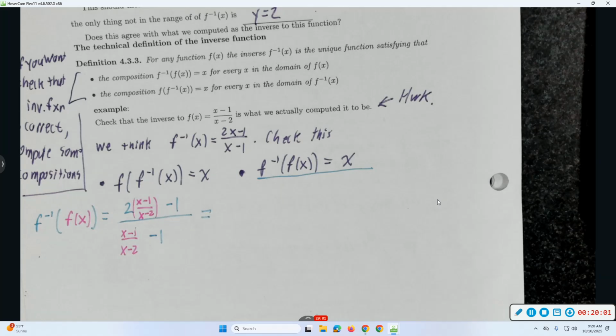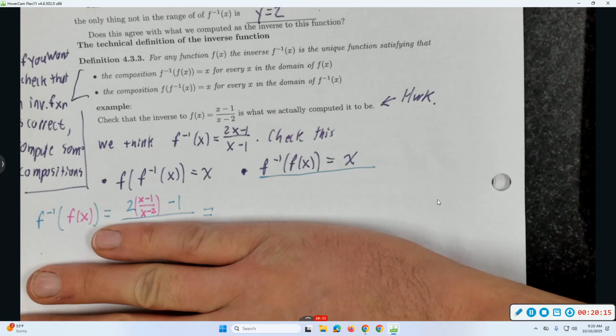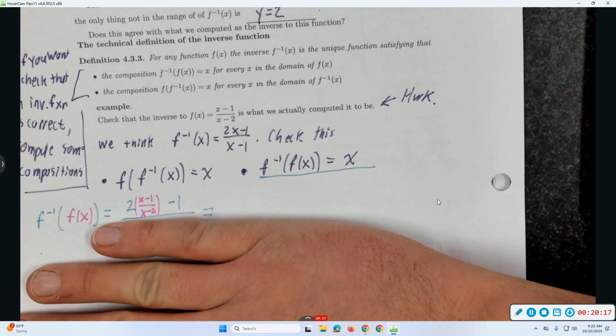Let's think about what makes this annoying. I see complicated stuff in the numerator and complicated stuff in the denominator. So let's focus on just the numerator right now. If you just saw this numerator and I said simplify this, what would you do?